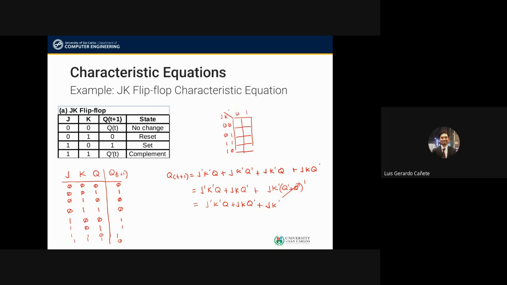That's going to be JK and then Q. So according to this, we have 0, 0, and then 1. Then we have 1, 0, 0, 1, 0, 1. And then we have 1, 1, and then 0.